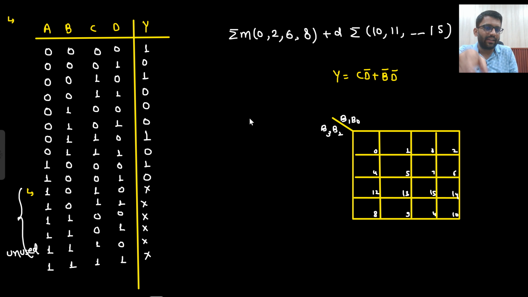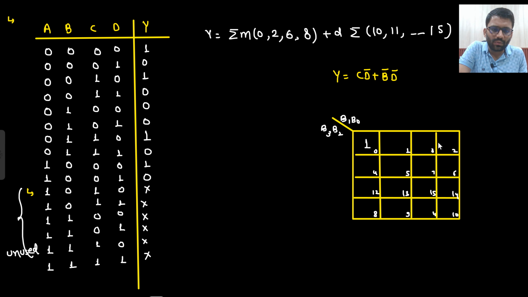So in the examination I can directly write down these minterms, right? I think 0 will use, 1 will not use, 2 will use, 3, 4, 5 will not use, 6 will use, so 6 I will write, 7 will not use, 8 will use, so 8 I will write, 9 will not use, so 9 I will not write. So 0, 2, 6, 8. Directly I can write down the minterms, and the rest are all don't care.